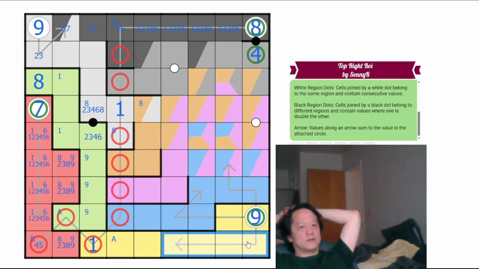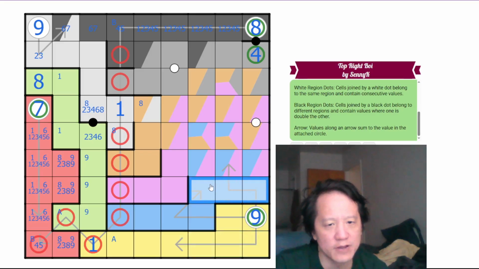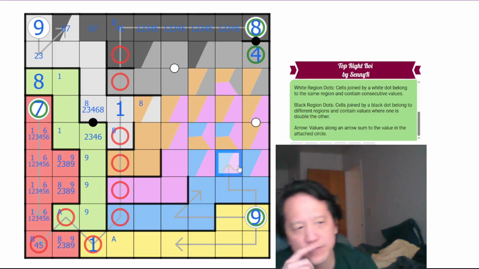Both work. 2, 3, 5, 8, 2, 3, 4, 7. These are not top left boys. Or top right boys. If you have blue, blue, that could be a top left boy.